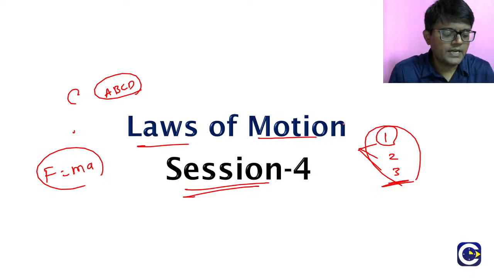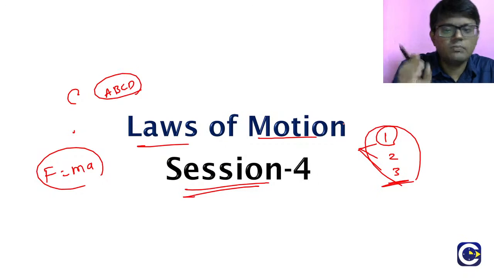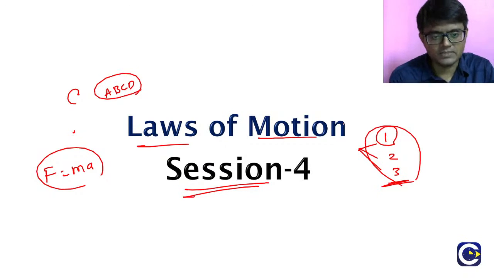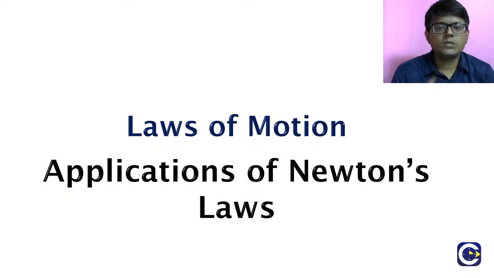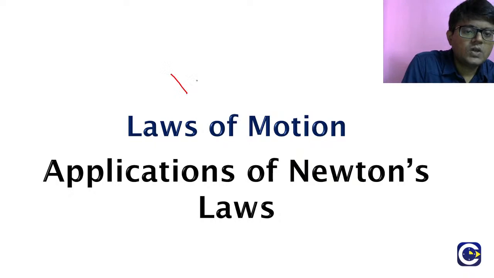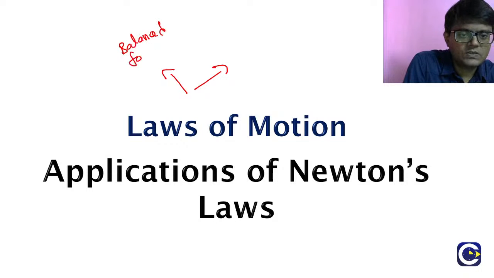Now when we look at the problems involving the applications of Newton's laws, we will divide them into basically two types. One, problems where we have balanced forces. This is also what we call equilibrium.